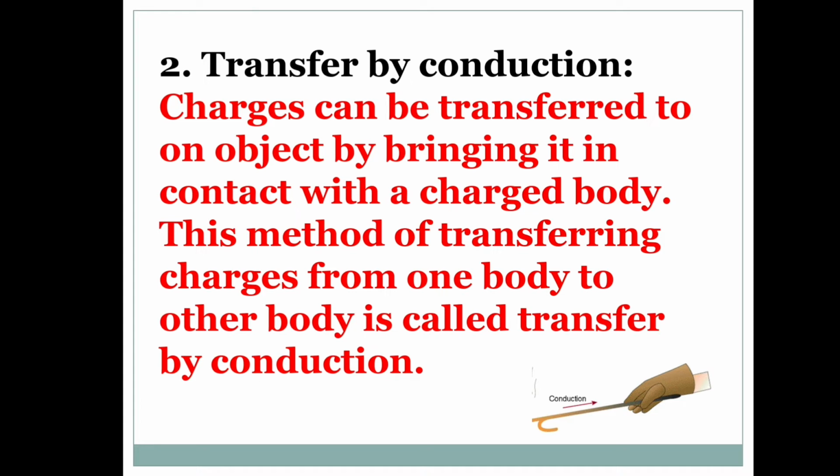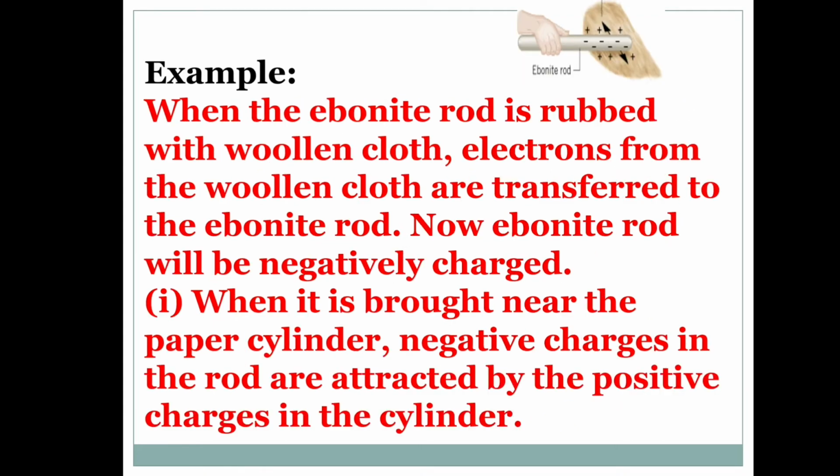Second, transfer by conduction. Charges can be transferred to an object by bringing it in contact with a charged body. This method of transferring charges from one body to another body is called transfer by conduction.